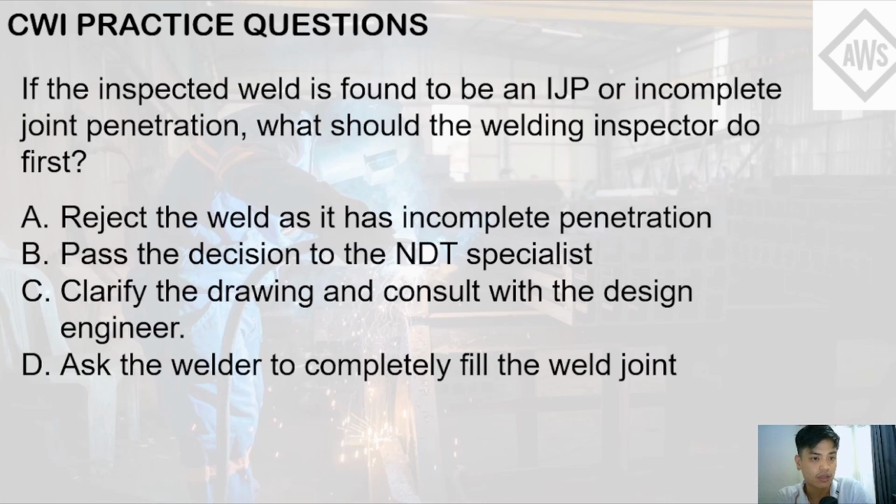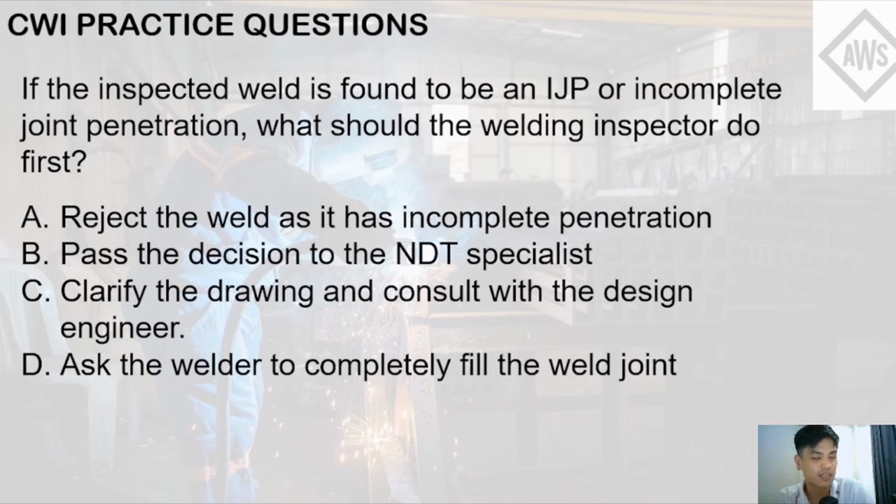Basically, here is letter A. It states that you need to reject the weld as it has incomplete penetration. If some welding procedure, specification, or drawings do not accept incomplete penetration, that can be an answer. Letter B, pass the decision to the NDT specialist. Not quite. The choice here is vague. You may not need to pass the decision to an NDT specialist here.